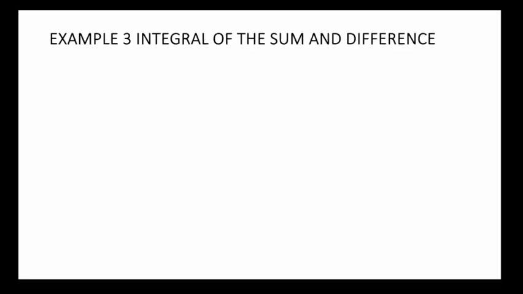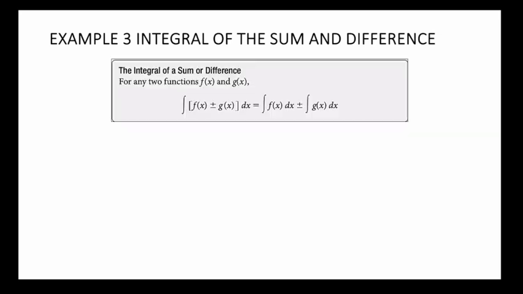Okay, now let's look at example 3. We're going to talk about integrals that have the sum and difference of two functions, or it could be more than two. So if you think back when we first started derivatives, we had a rule that said if we had two functions that are added or subtracted, and we find the derivative, then it's going to be the derivative of each of those terms as long as the derivative exists.